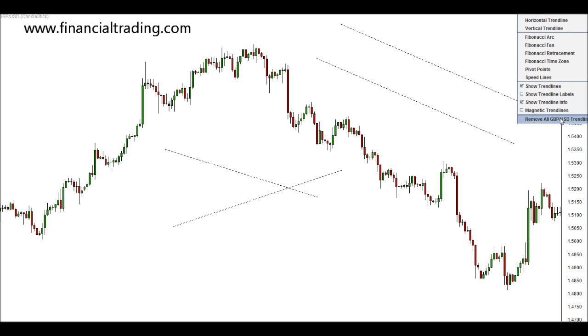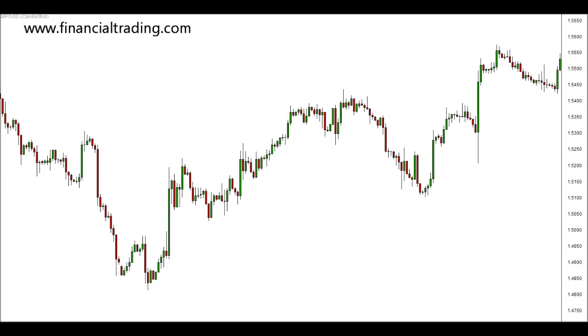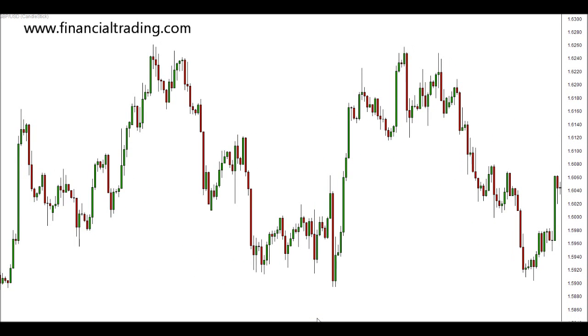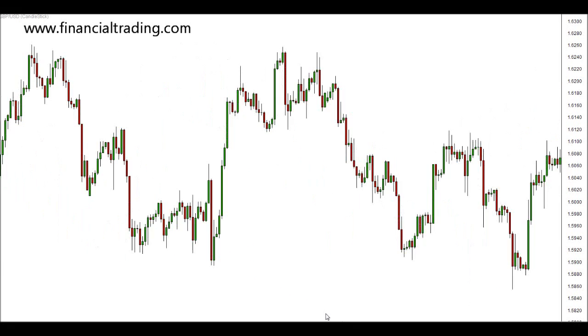Once again I'm sticking with the pound against the dollar, the 4-hour chart, which I've used in every single video in this course thus far. And instead of focusing on these trends in May, June and July, we're going to go to October, November and December.